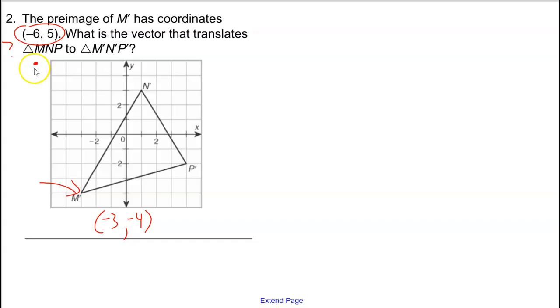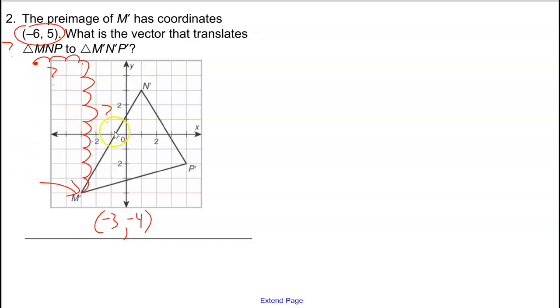Alright, now think, what vector do I need to do to move this point to this point? So how far this way and how far this way? And what numbers do I use?